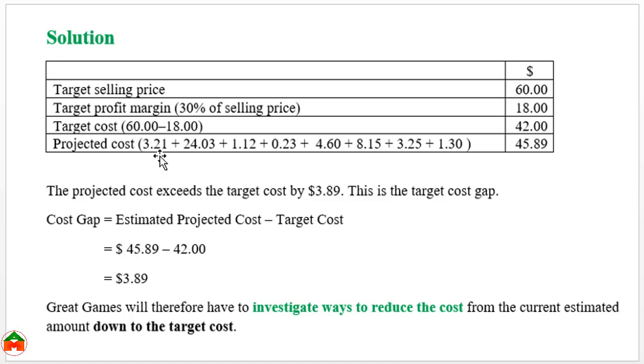But we can see our estimated production cost is 45.89. That means we are not achieving the target cost. That's why there is a cost gap, and as a manager we need to redesign our production process so that we can minimize this 3.89 from any one of these costs, so that we can achieve the target cost.